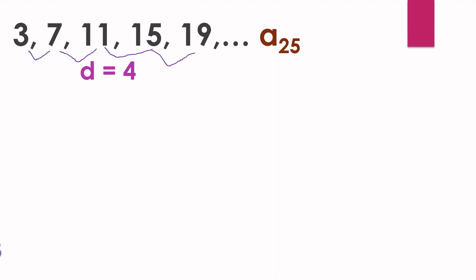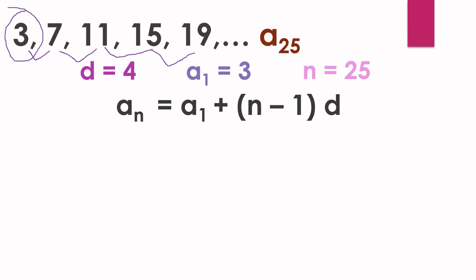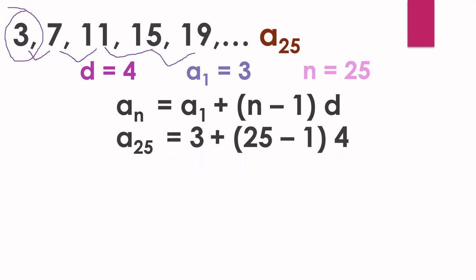The first term, of course, is 3. And we are looking for the 25th term. All you have to do is to substitute the given data to the equation.